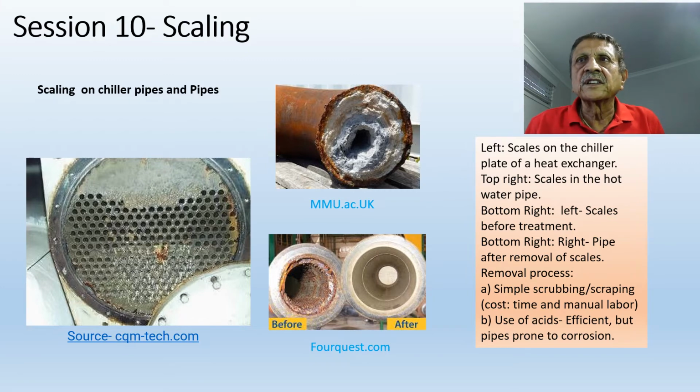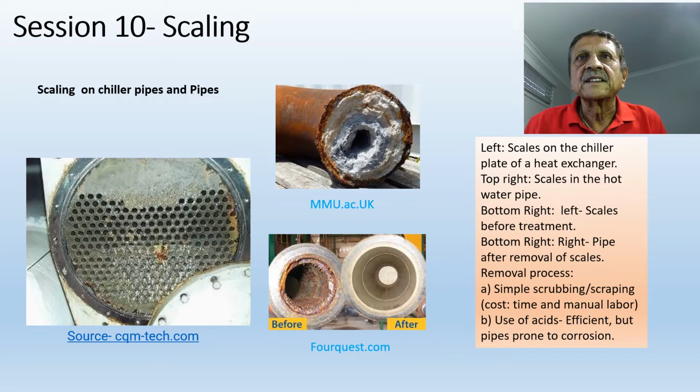Now if you look at the top right picture, you can see a hot water pipe. The amount of scale that can accumulate can virtually block almost the whole pipe. If you look at it, you will find it is in layers of different colors.